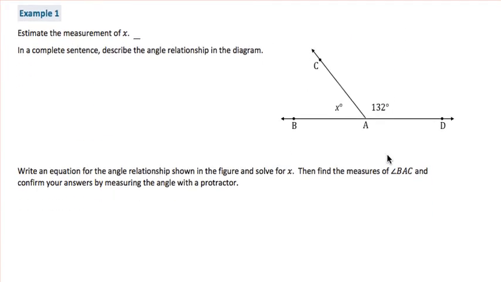So in example 1, we're asked to estimate the measurement of x. The angle relationship between these two angles is, first of all, that they are adjacent, because they are sharing ray AC, but they also form a straight line.